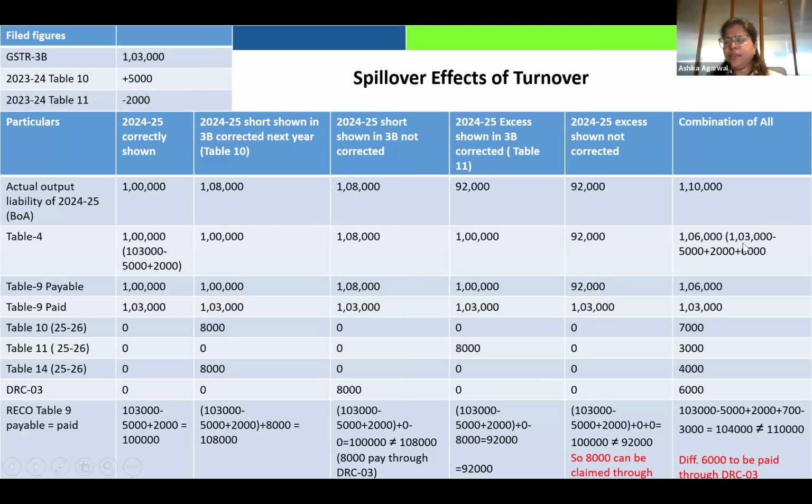Now, out of this, we are saying we have done 4,000 adjustment in 25-26, which is table 11. Suppose a credit note of 3K is reported in the next year in table 7, and in table 10 we have reported a 7,000 invoice. So 4,000 we have adjusted or rectified in the next year.